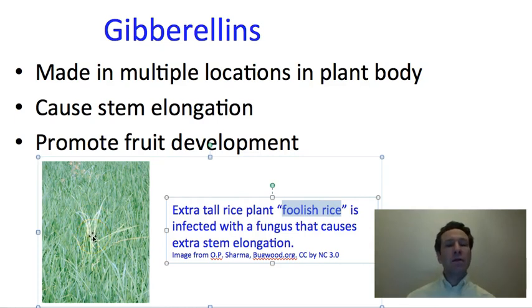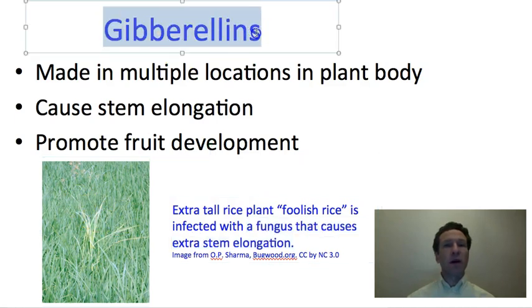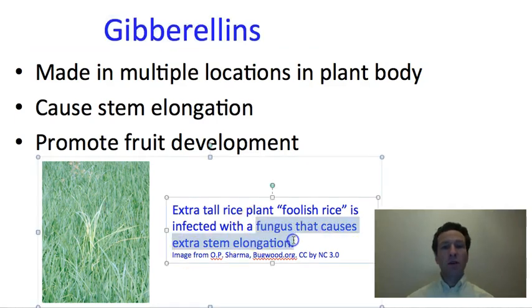It turns out that foolish rice is caused by a particular kind of fungus, and this fungus causes the stem to elongate longer. And the way it does this is by making a hormone that is very similar to gibberellins. The fungus makes it and releases it into the plant, and the plant grows tall. You can ask yourself, why would a fungus want a plant to grow extra tall?